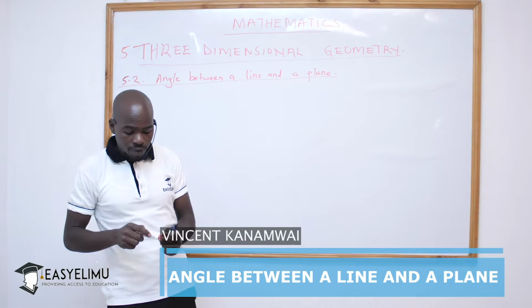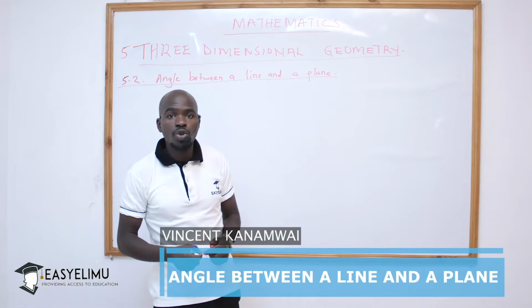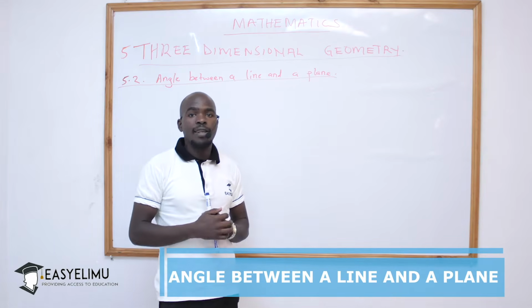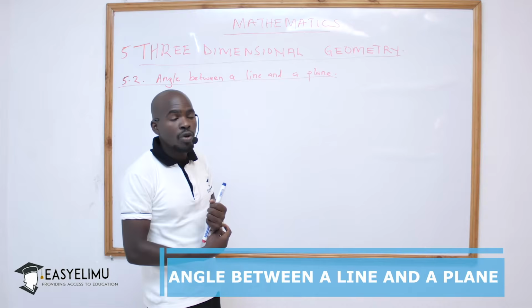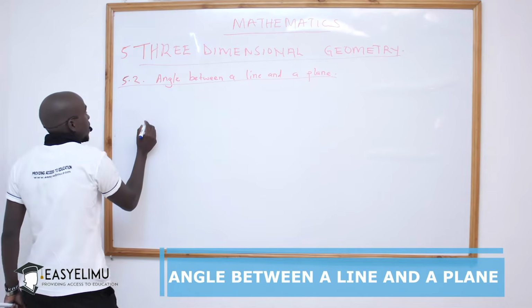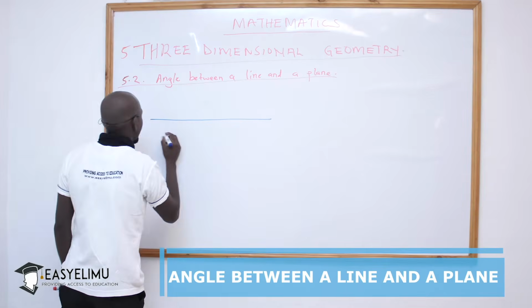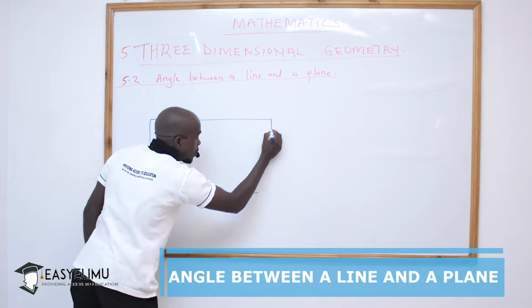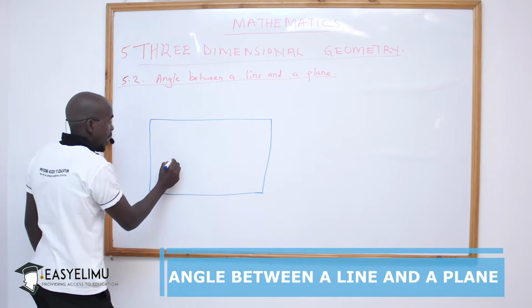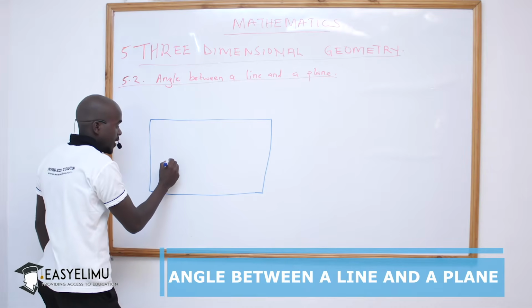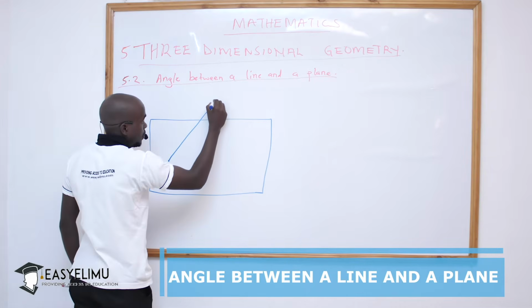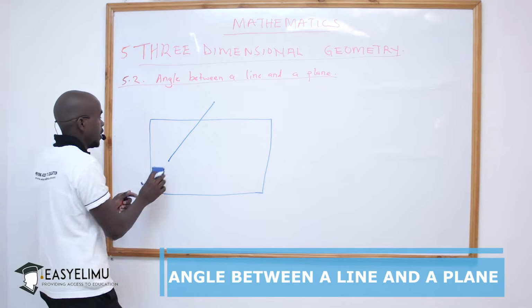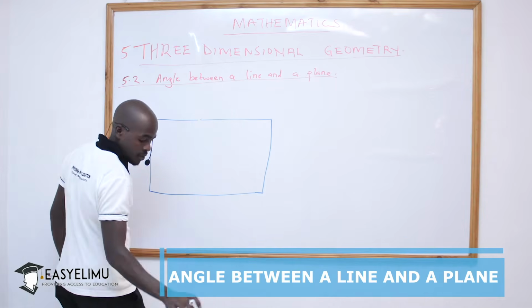In the angle between a line and a plane, we shall view this using a rod and the sun as a source of light, such that if this is our plane, and here we have a rod, let's say it moves this direction. Actually, let me put it in another direction, like that.